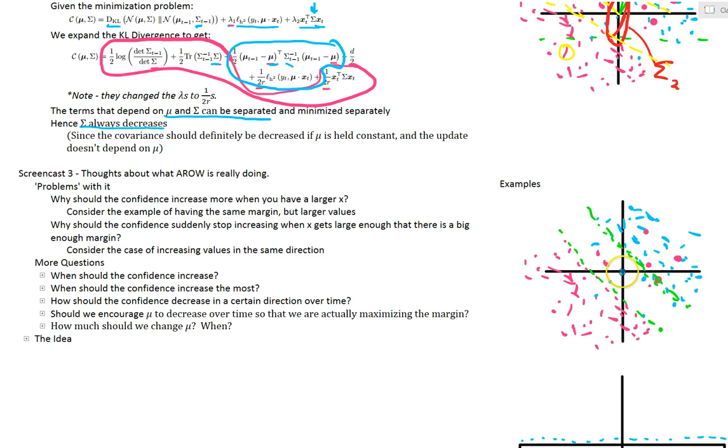This seems kind of funny because, okay, if we had a point here, we would do an update and we would change the confidence, right? If we had a point here, since x is getting bigger, we'd increase the confidence even more for a point here than for a point here.